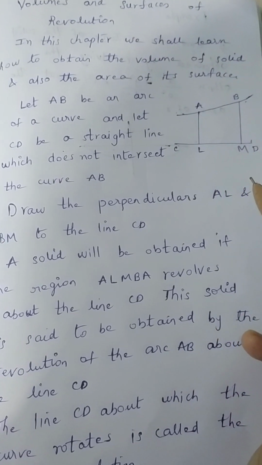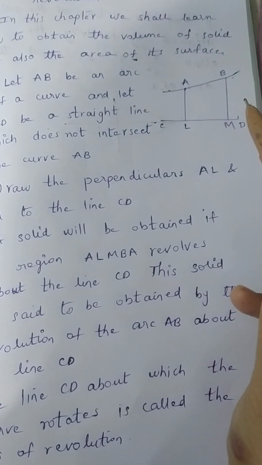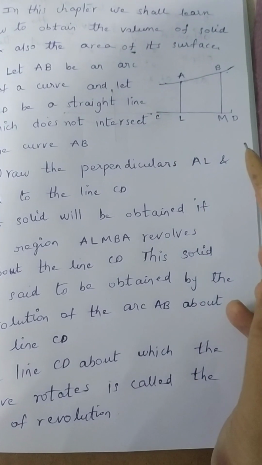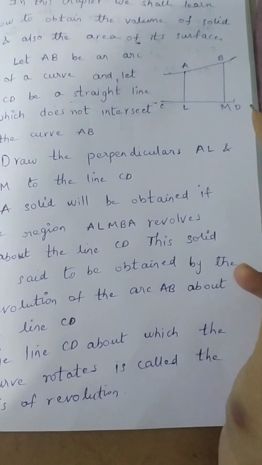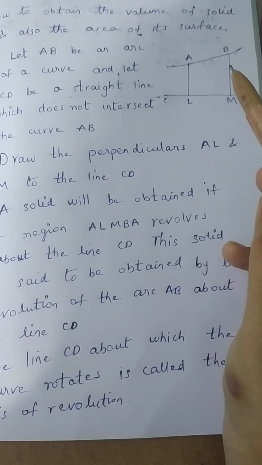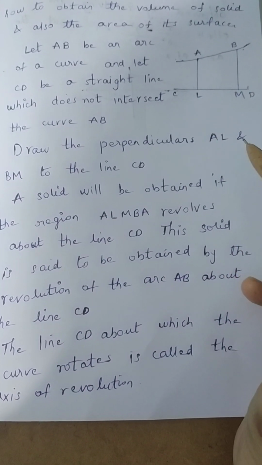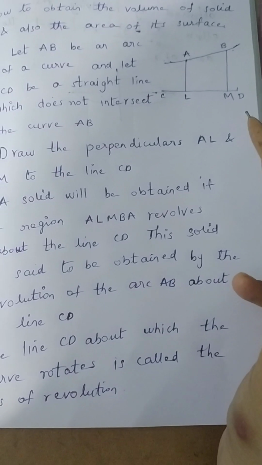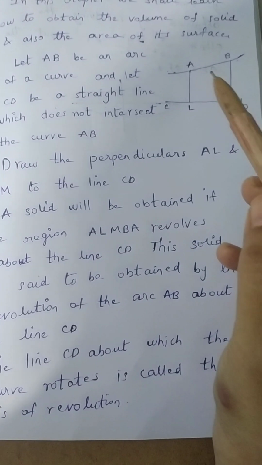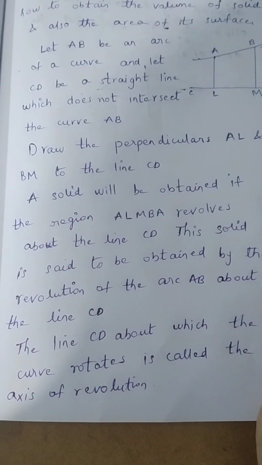This solid is said to be obtained by the revolution of the arc AB about the line CD. The line CD about which the curve rotates is called the axis of revolution.